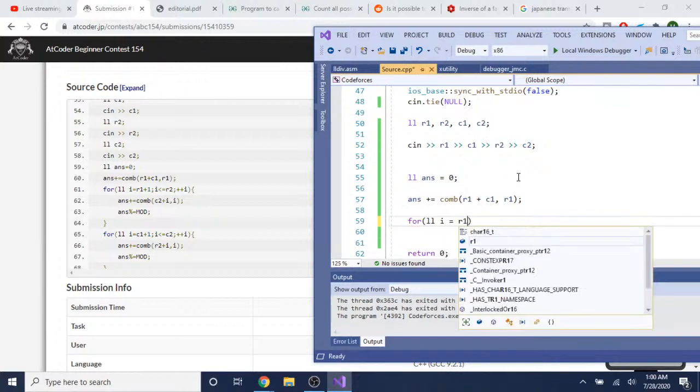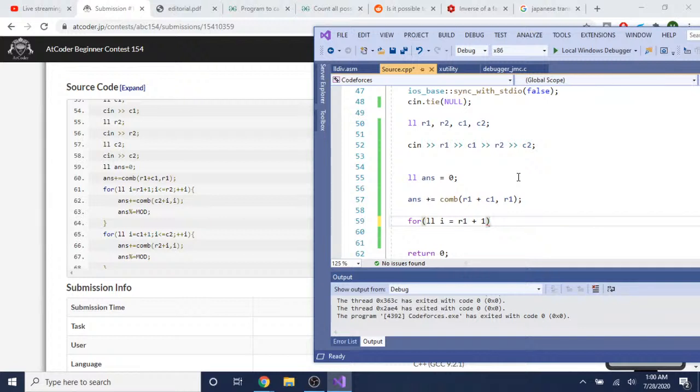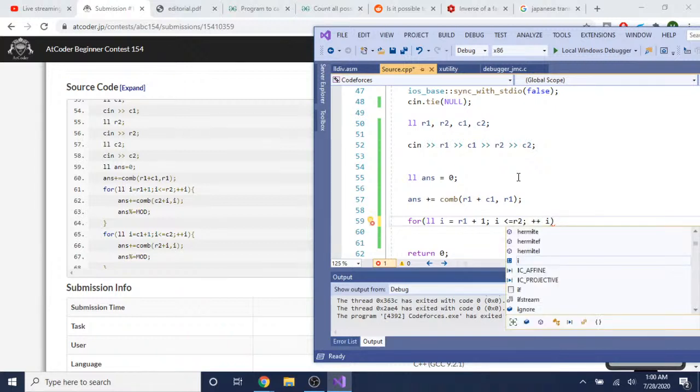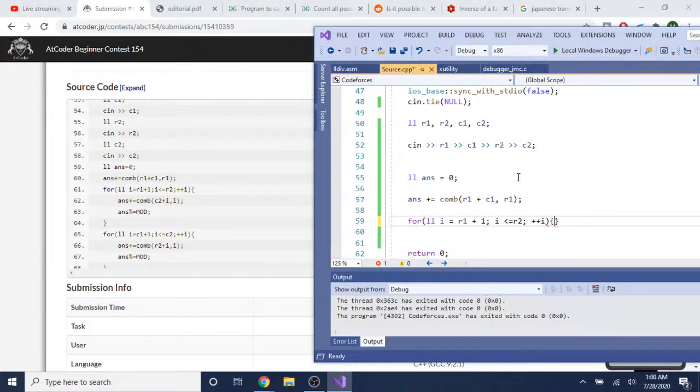Okay, this one I understand because they showed it in the editorial. Answer plus equals combinations of C2 plus I, I. And then we mod by mod.